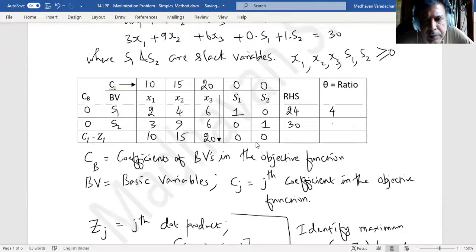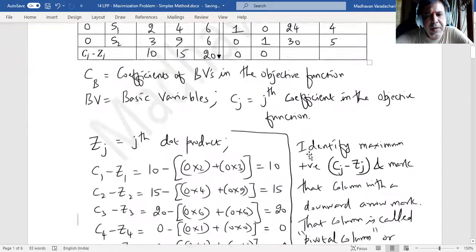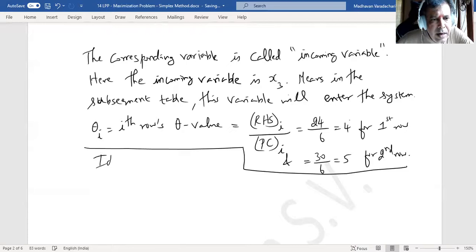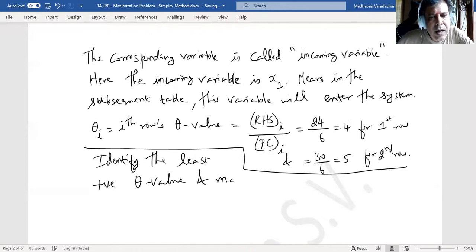What is the next step? Next step is identify the least positive theta value and mark that row with an outward arrow mark.